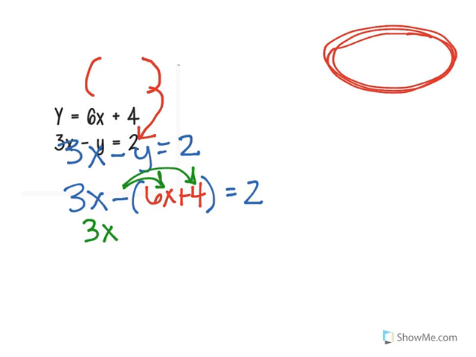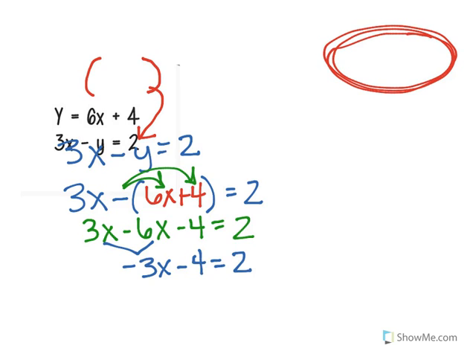So I have 3x minus 6x minus 4 equals 2. So now I can combine like terms. 3x minus 6x is going to be negative 3x minus 4 equals 2.